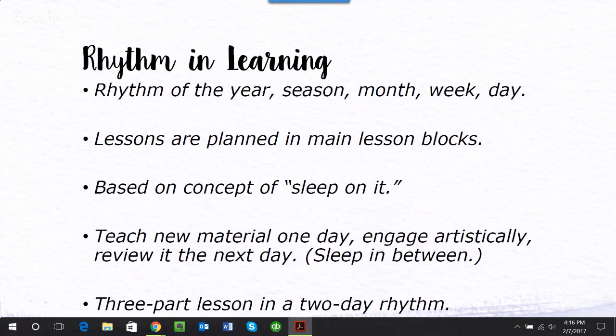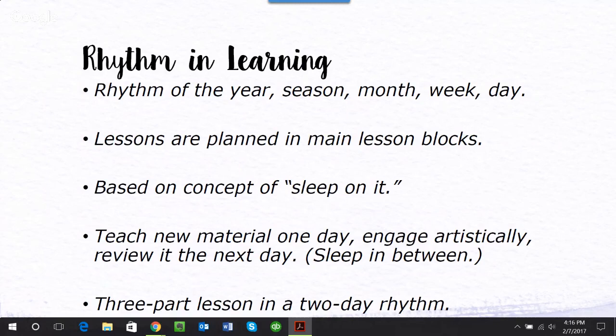So we teach new material on one day, which might be day one. We engage artistically with it, and then we review it on the next day. And the most important part of that is that there is sleep in between those activities. So this is referred to as a 3-part lesson in a 2-day rhythm.